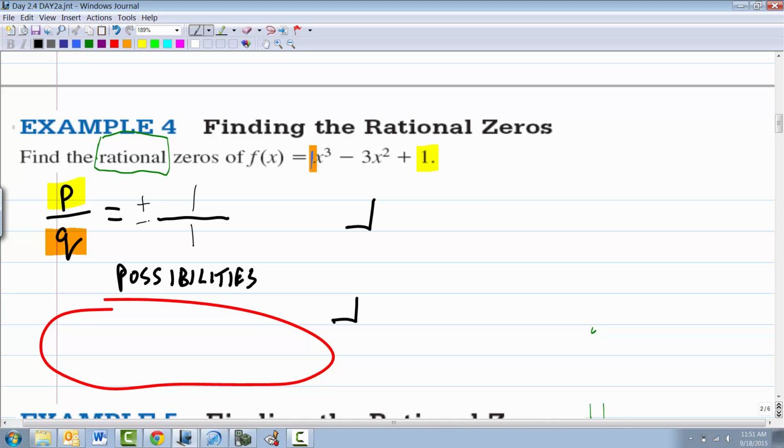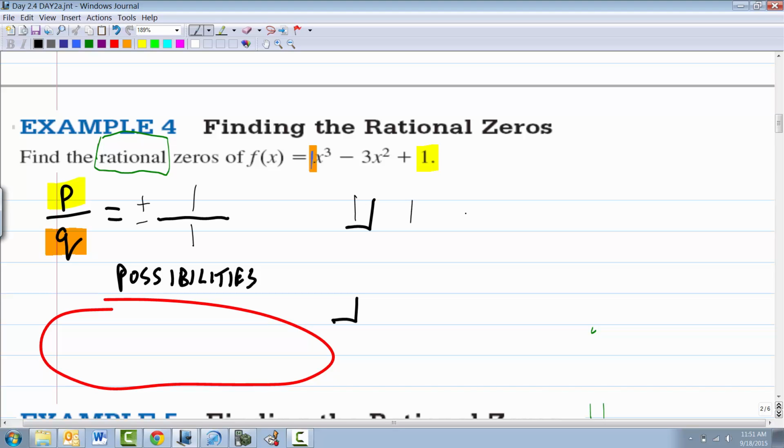Plus minus 1. So this silly little polynomial has only 2 possible rational zeros. And what if neither one of them work? Then what kind of zeros does this sucker have? Irrational or imaginary.